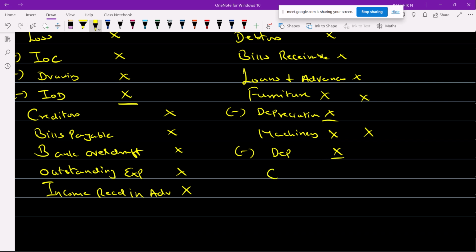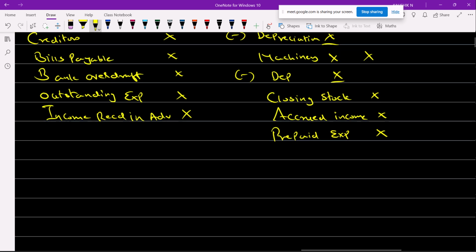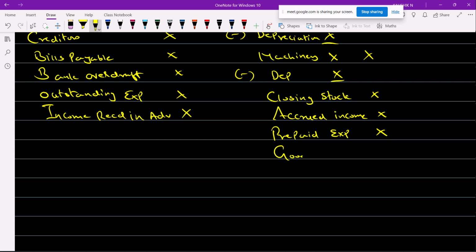Then you will be recording your closing stock, and then you will learn items like accrued income, next prepaid expenses, what else, items like goodwill, patents, copyrights, trademark.